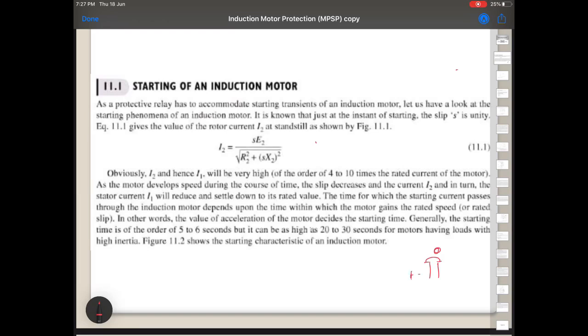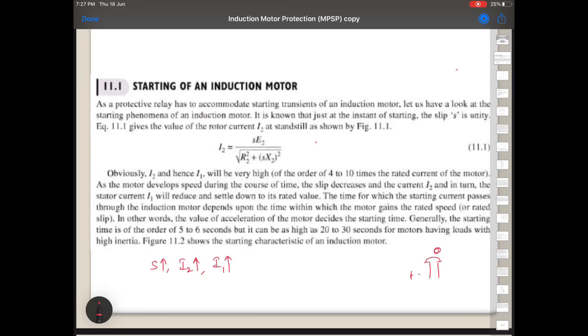Once it starts to rotate, slip will be high. If slip is high, then current will be high. If current I2 is high, it means I1 will also be high.